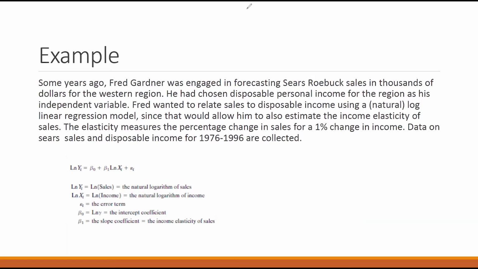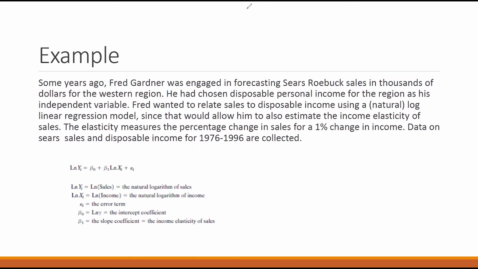Now, finally, here's an example to show you how to correct serial correlation when we have time series data in regression. So it says here, some years ago, Fred Gardner was engaged in forecasting Sears Roebuck sales in thousands of dollars for the Western region. He had chosen disposable personal income for the region as his independent variable.